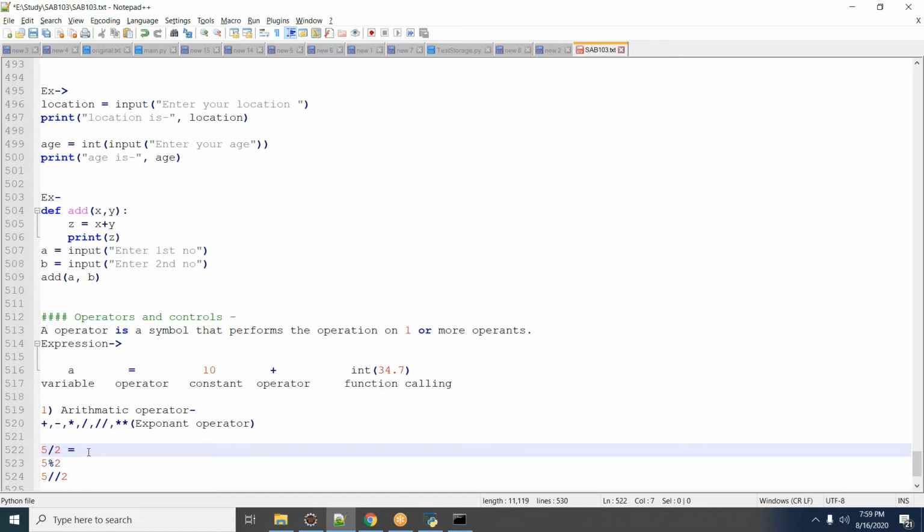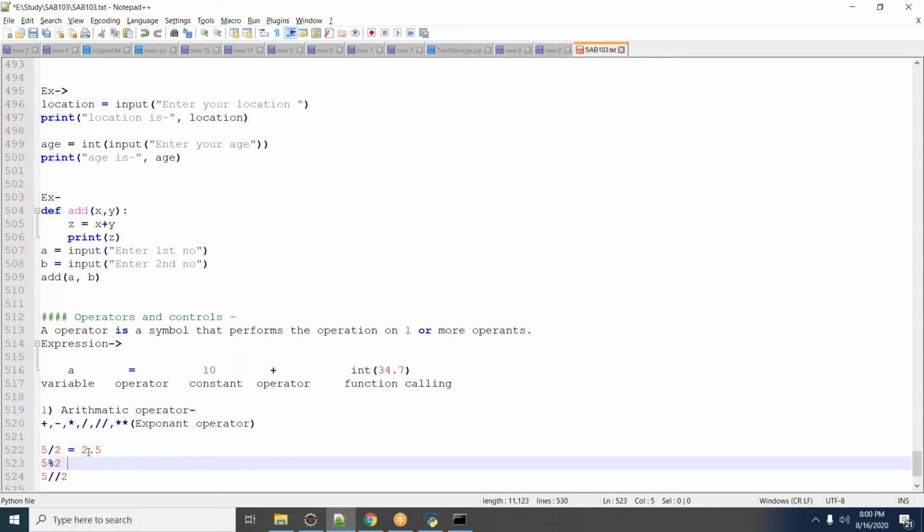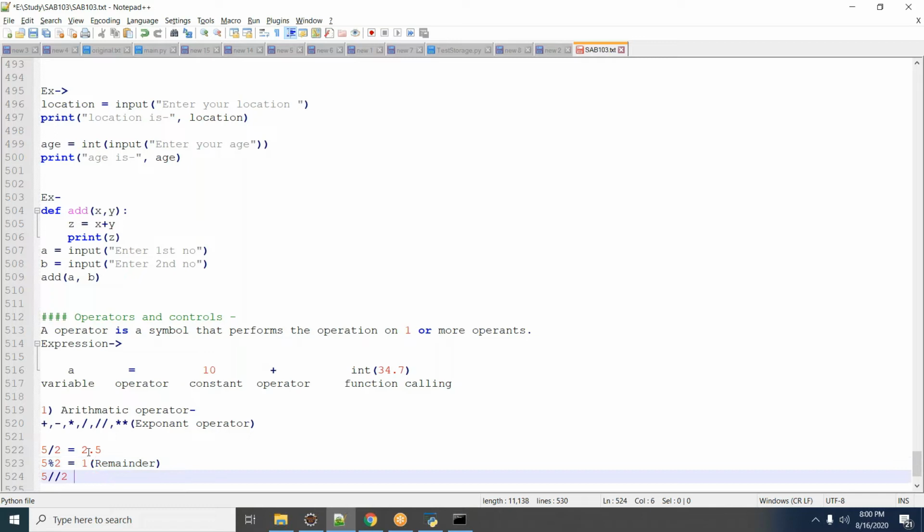But in mathematics, 5 by 2 is exactly 2.5, and in Python also it is exactly 2.5. 5 percent 2 is the remainder. Whatever remainder you have, you will get from the percent operator.